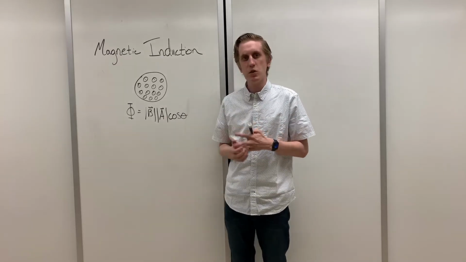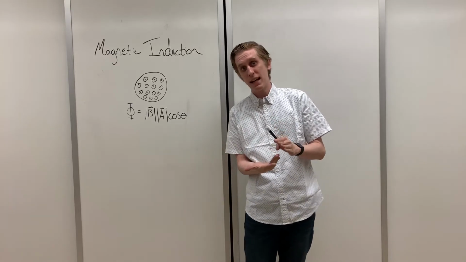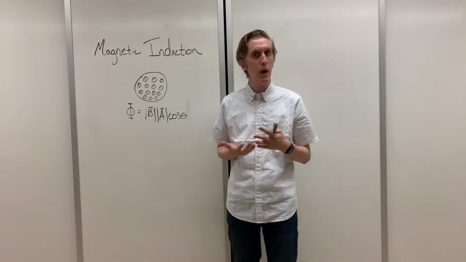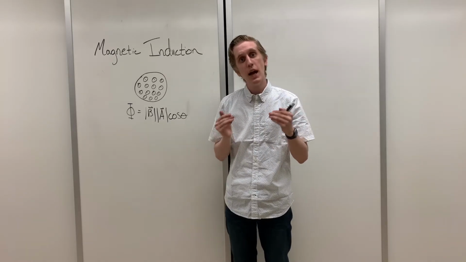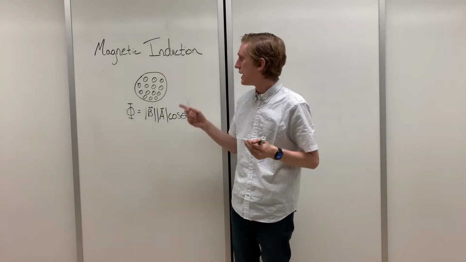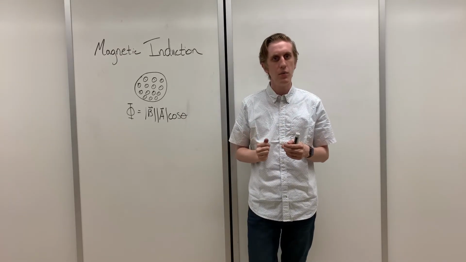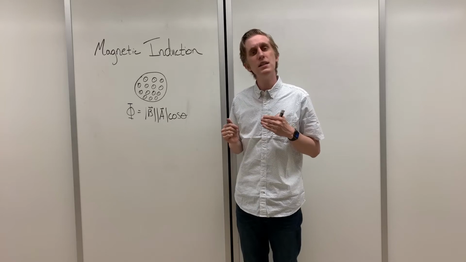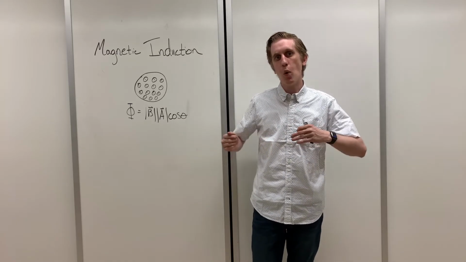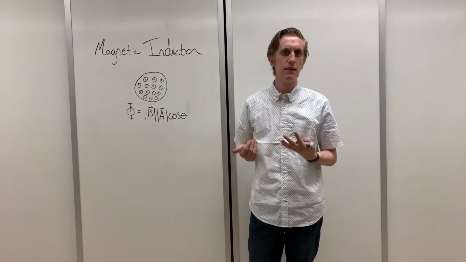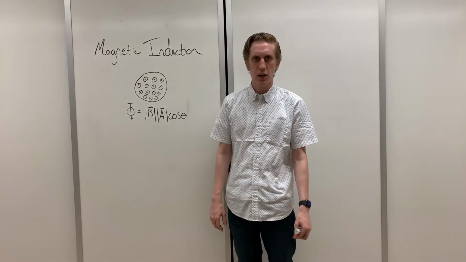The current that is created in the wire is going to try to boost that magnetic field back up to where it was before. So in order to calculate what direction the current is going to be taking around this loop of wire, we just have to use the right-hand rule. Because the magnetic field is getting weaker, the current is going to try to make that magnetic field stronger again. So which direction is it going to travel?